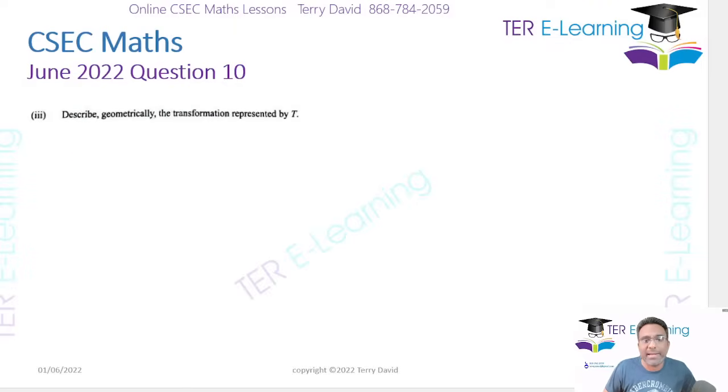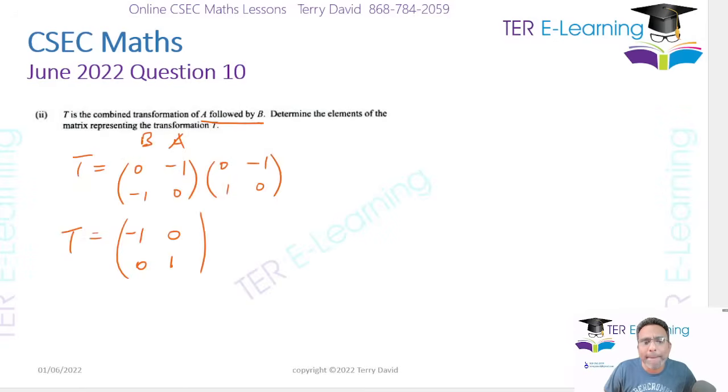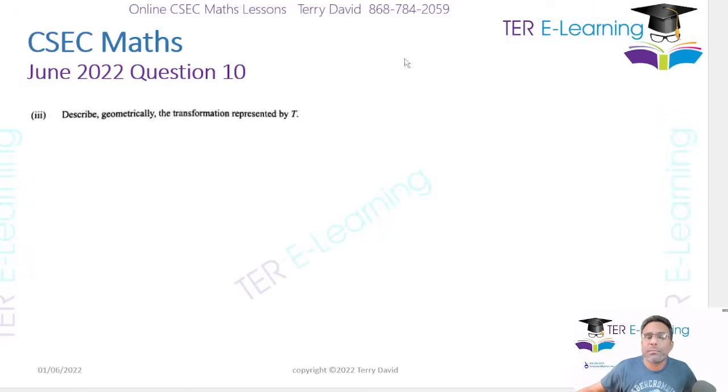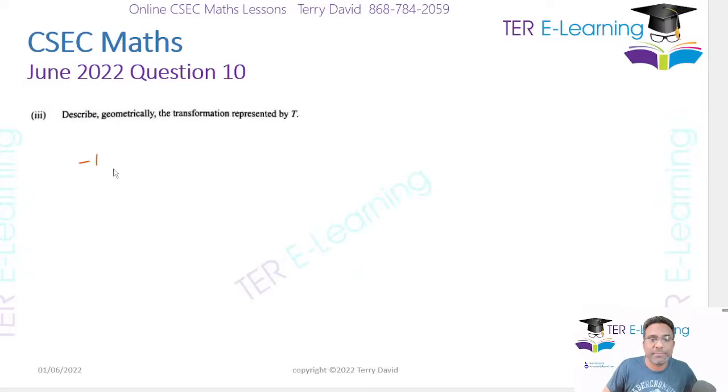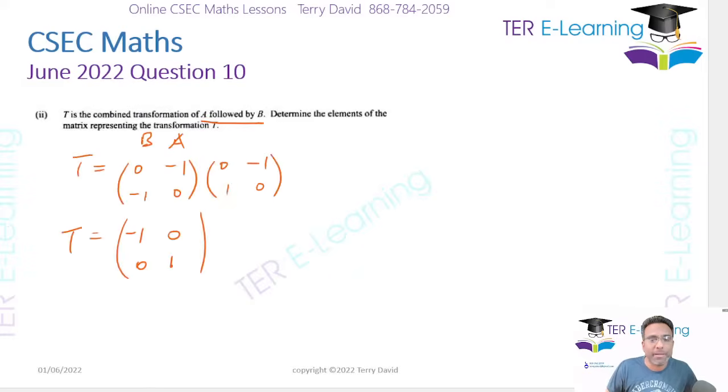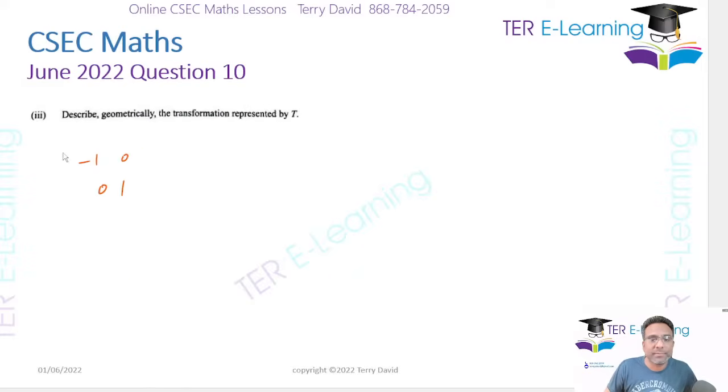And the next part here now, they said geometrically, the transformation T represents what? So if I were you, right? This is what I would do if I was in the exam and I didn't know what this matrix was. So this matrix is minus 1 0, 0 1, right?